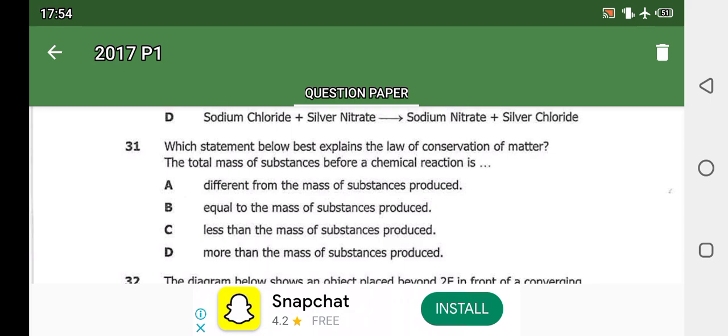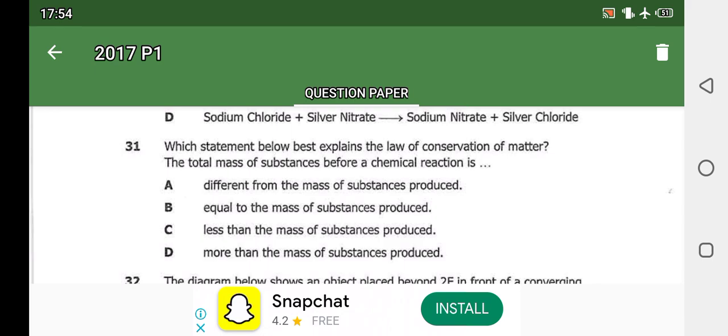Now, the total mass of the substance before a chemical reaction. More than the mass of the substance produced. Less than the mass of the substance produced. Different from the mass of the substance produced.